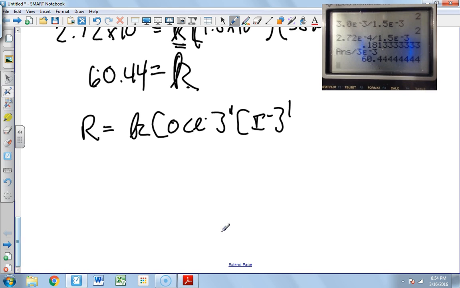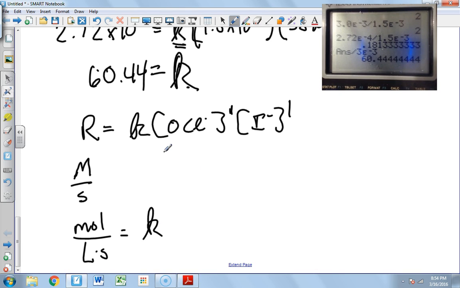We can plug in the units. Molar per second is the same as saying a mole per liter second, and that equals, well, we're looking for the unit of K.